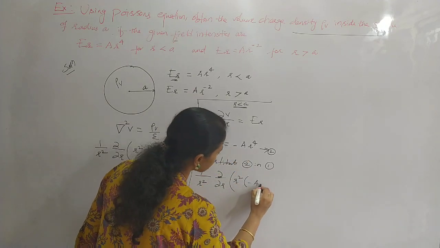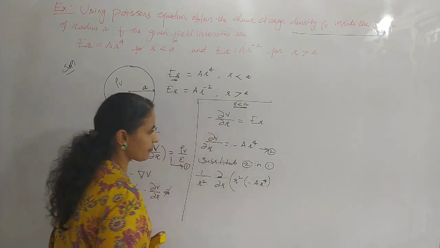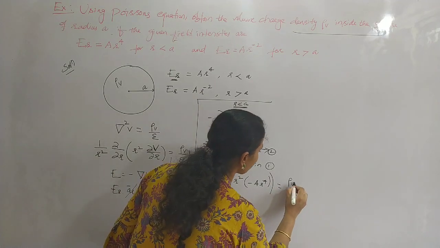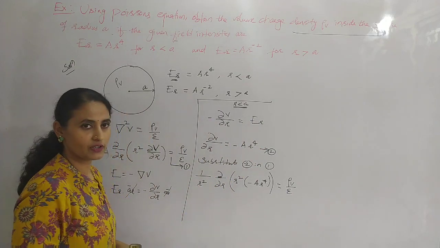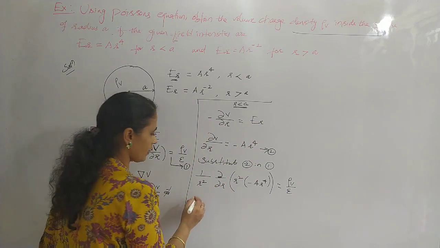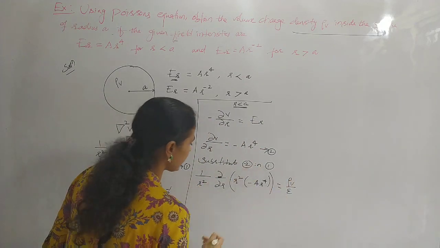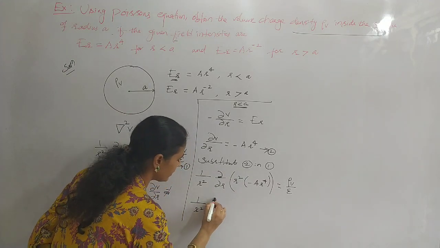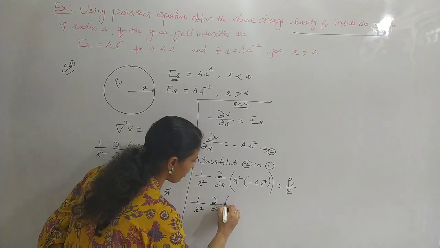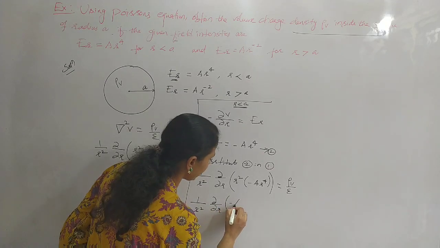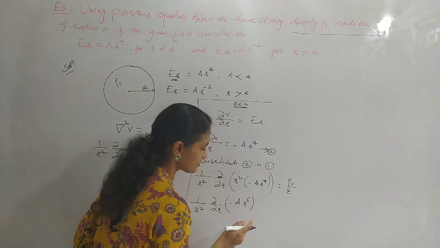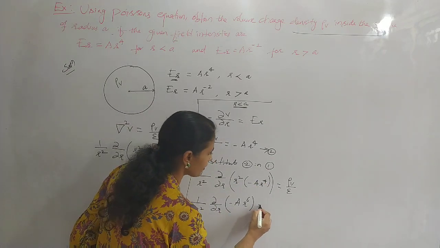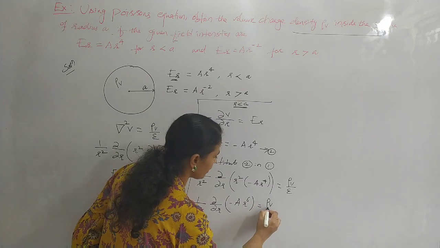It is minus A R to the power 4, which is equal to rho V by epsilon. So 1 by r square dou by dou r of minus A r to the power 6, since r square and r to the power 4 give r raised to 6, equals rho V by epsilon.